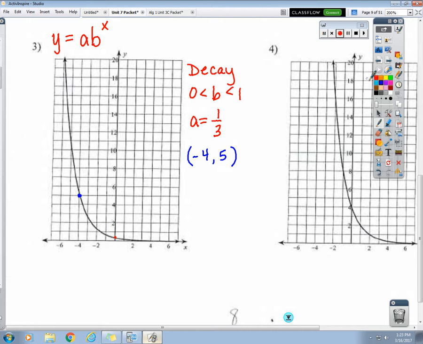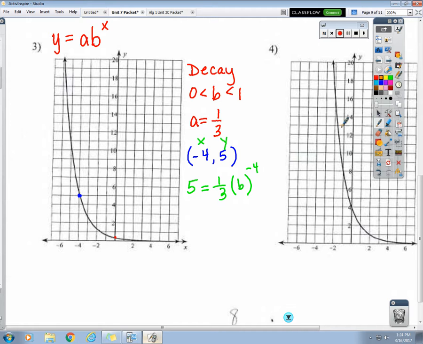So now look, isn't that -4 an x value and the 5's a y value? So when I write it in the equation, 5 can go in the y place, 1/3 goes in the a place. We don't know b, that's what we're trying to figure out, and then x is -4. So now to solve for b, what would I need to do first? Divide by 1/3, or what's our other option?